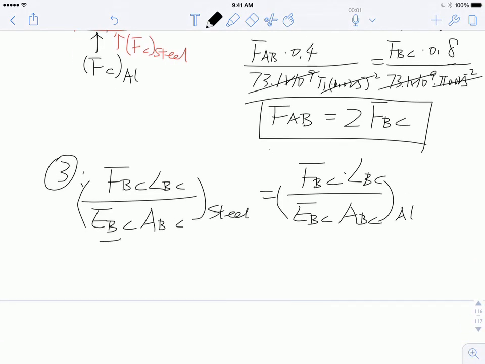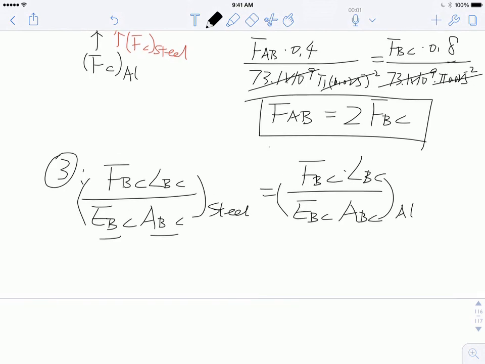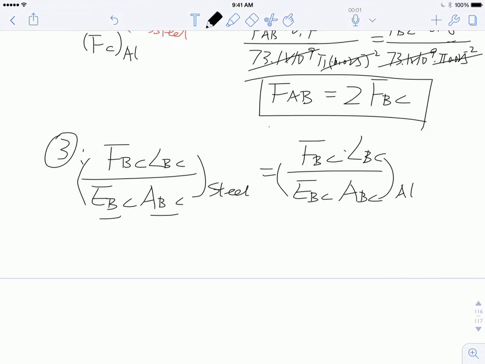Now, in this case, modulus and the cross-sectional area are all different. The only thing the same is L_BC. F_BC is not the same because the force applied in the aluminum and stainless steel are different.